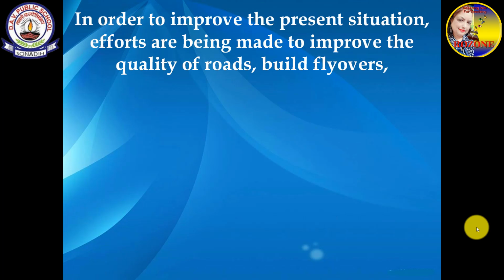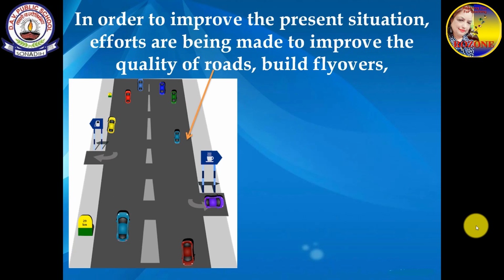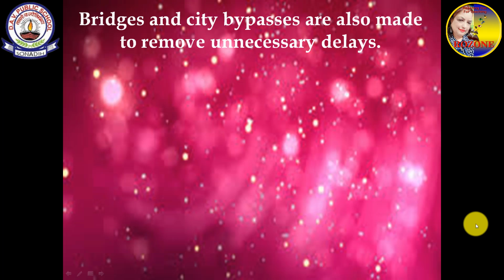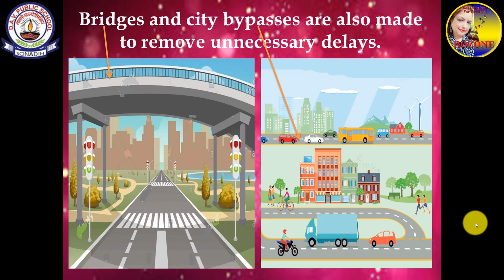In order to improve the present situation, efforts are being made to improve the quality of roads, build flyovers, then bridges and city bypasses are also made to reduce unnecessary delays. We have to reach on time. So, to reduce all these things, many efforts are being made so that people do not suffer while traveling on the road.